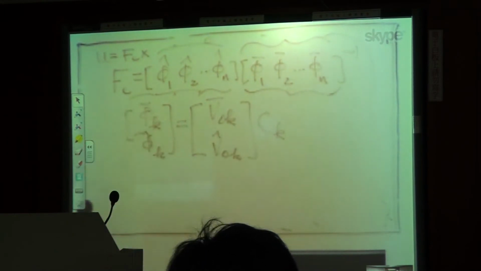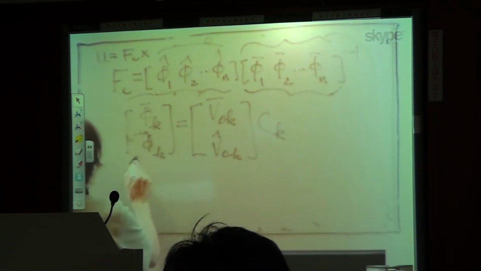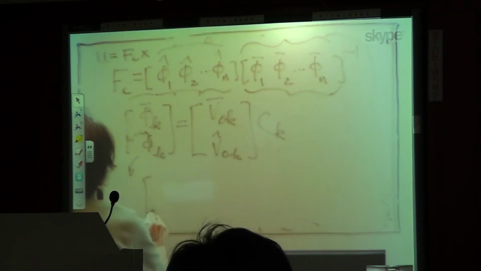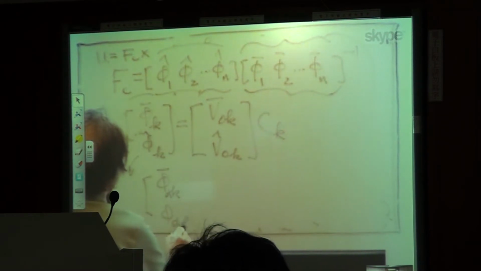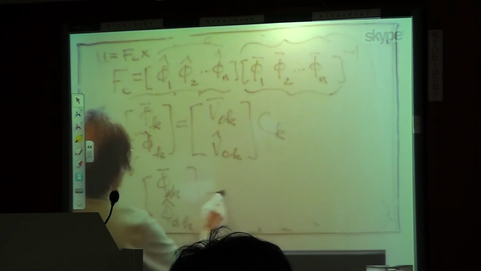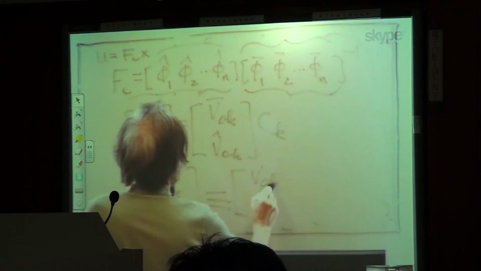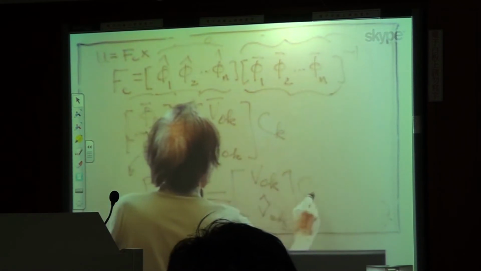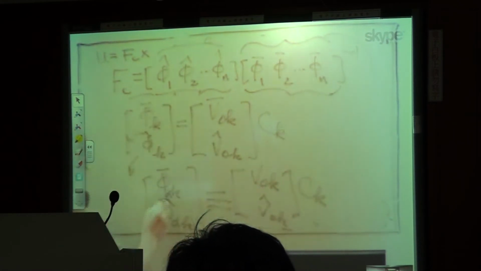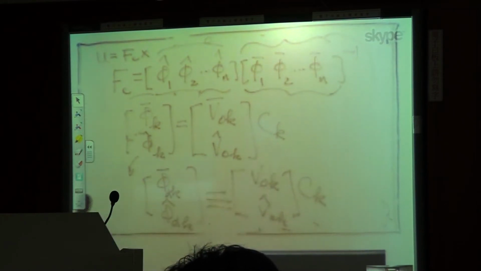Alright. Now, if I replace this with my desired one, can I have the desired one equal to that? Now, that's my desired one. Can I have my desired one solve equal to that?